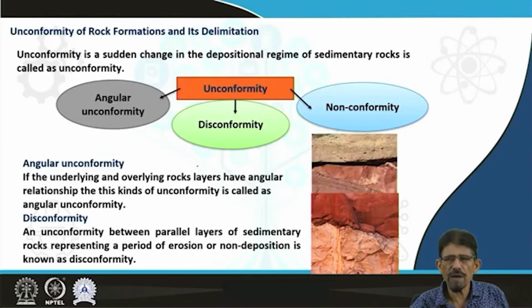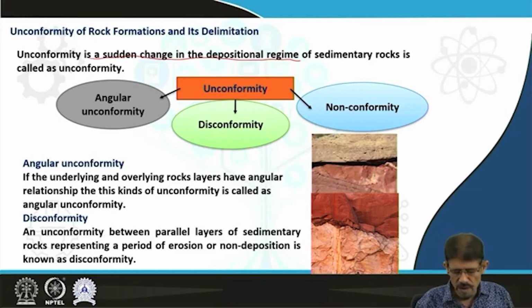Another type of feature we commonly observe in the field is a gap in deposition. That gap in deposition, a sudden change in depositional regime dominated by erosion, is recognized as unconformity. And unconformity can be broadly divided into disconformity, nonconformity, and angular unconformity.